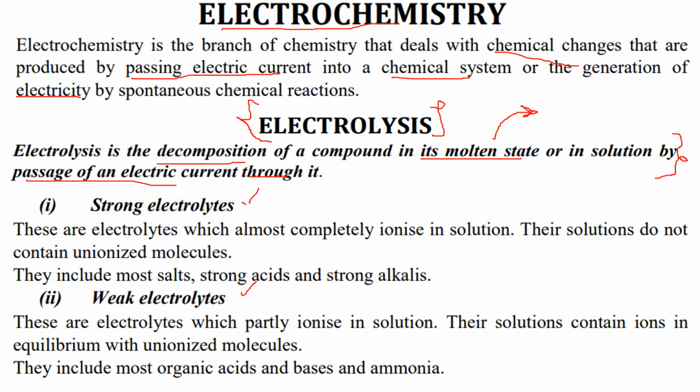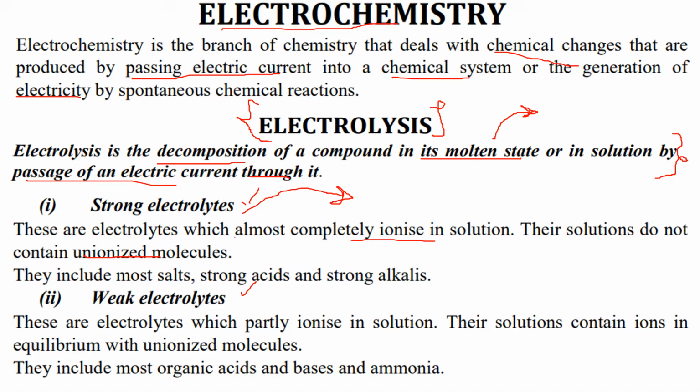So strong electrolytes are going to be those electrolytes which almost completely ionize in solution, and their solutions therefore do not contain unionized molecules. So a simple definition for strong electrolytes: those compounds that are present in molten or solution states, but in solution ionize completely.